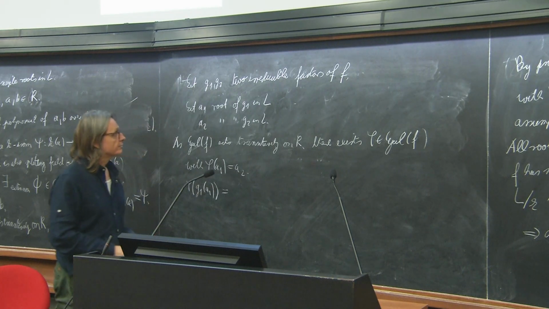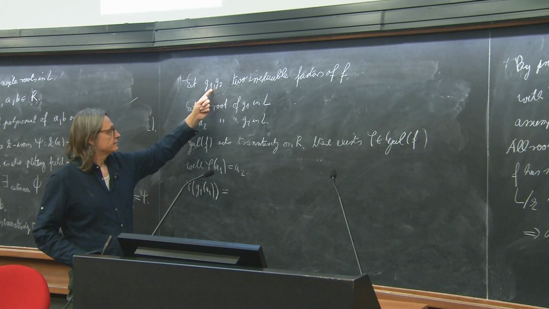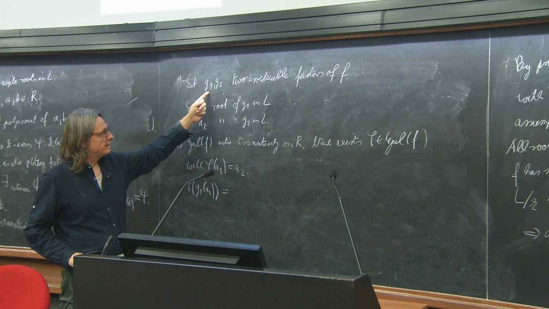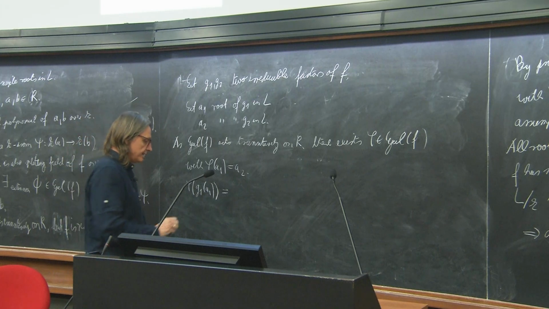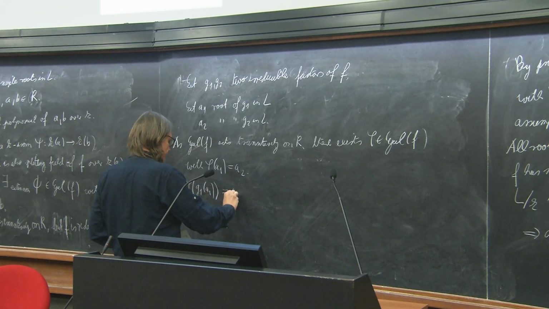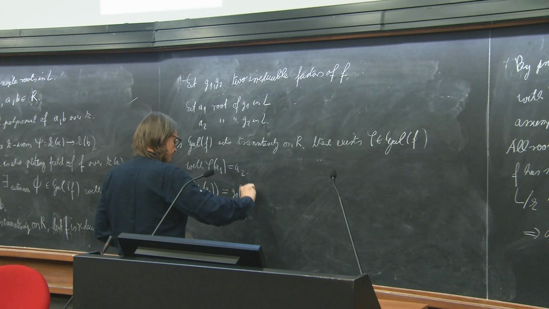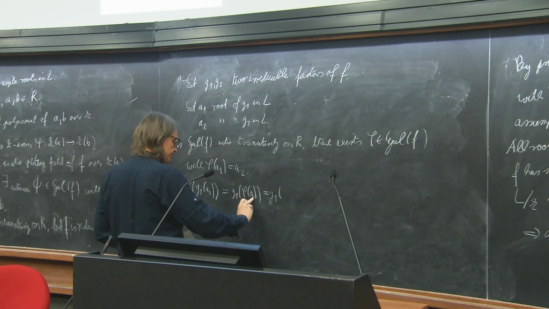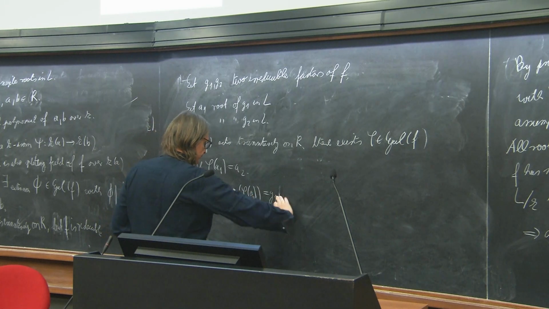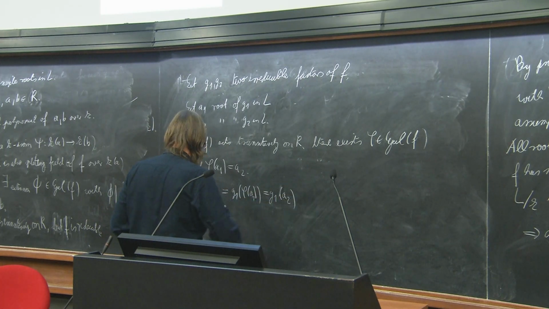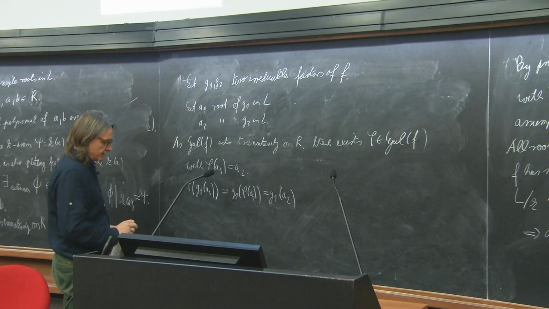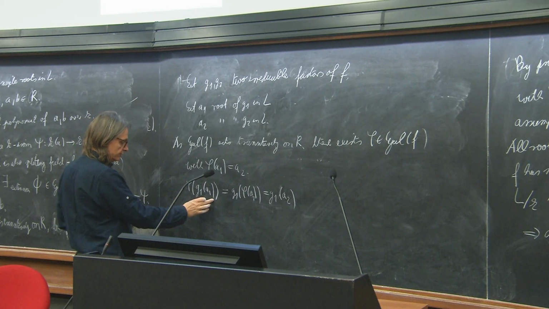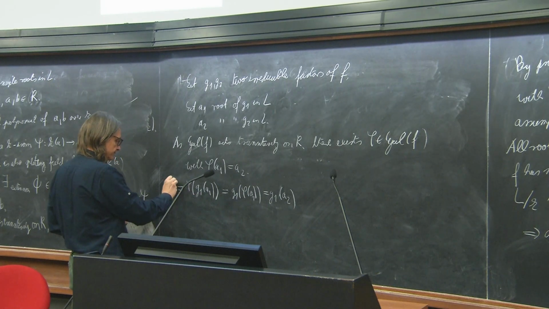Again, G1 is an irreducible factor of F over K, so it's a polynomial with coefficients in K. So again, we can let phi go into the polynomial, giving G1 of A2. And obviously, G1 of A1 is equal to 0, so phi of it is also 0.